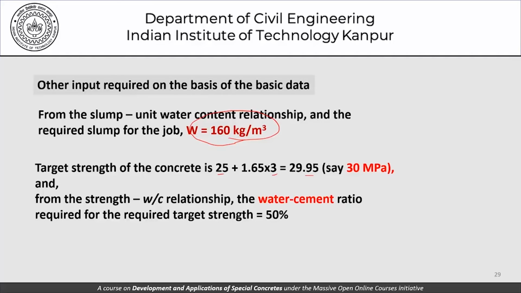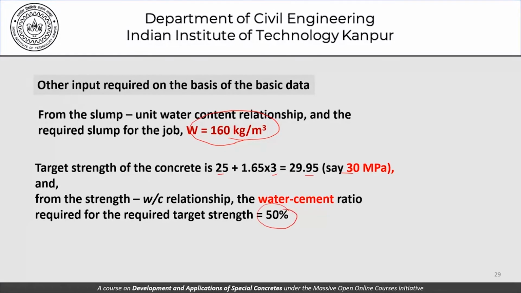And from the strength water cement ratio relationship, for this strength, it should be known what is the water cement ratio we need. For example, in this case, it is known, or I have assumed, that for this strength, we need a water cement ratio of 50%.